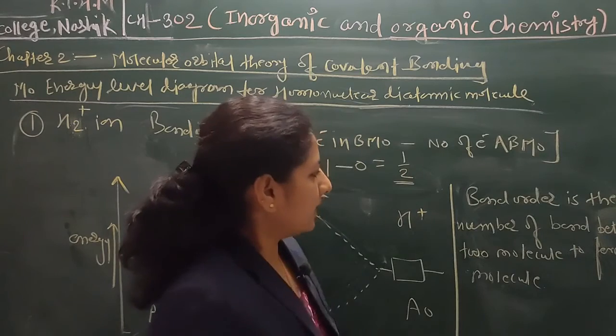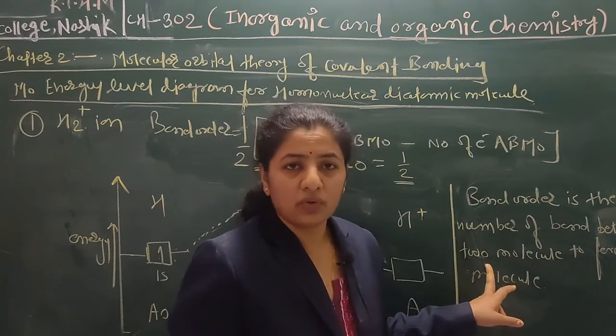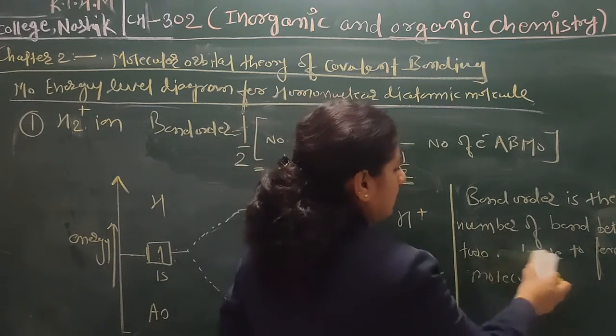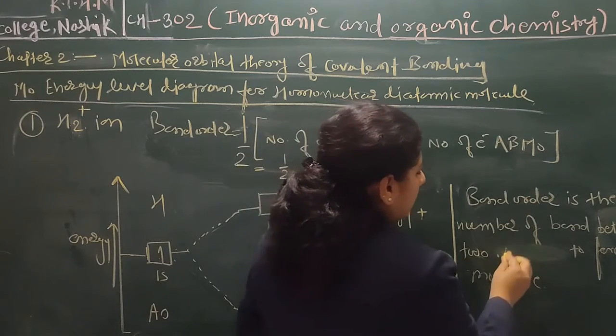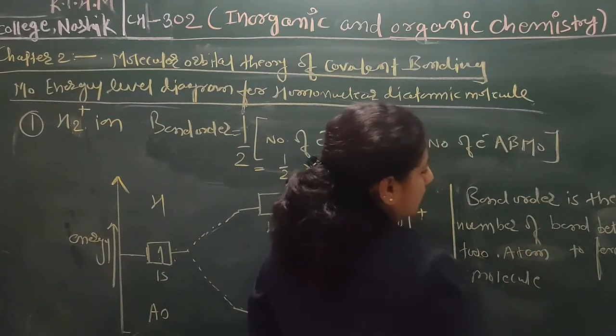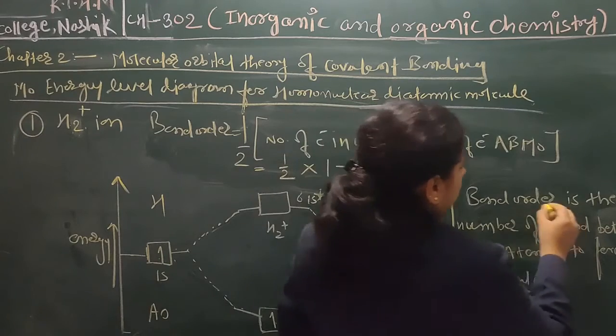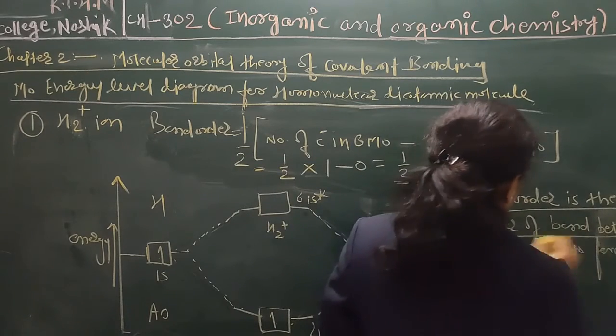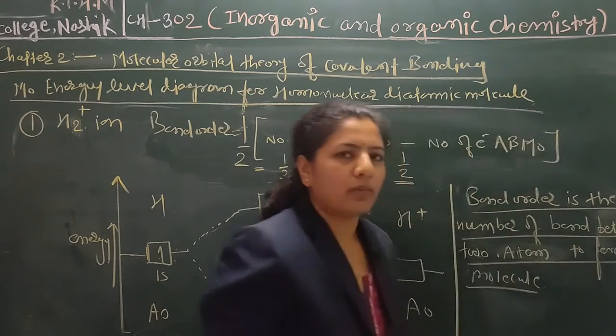Bond order is nothing but the number of bonds formed between two atoms to form a molecule.